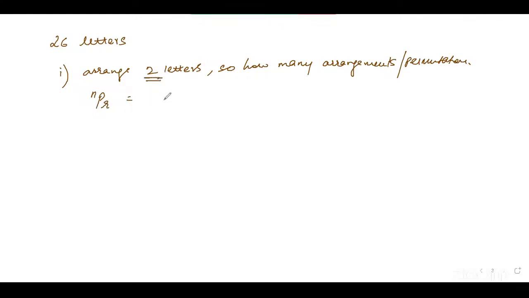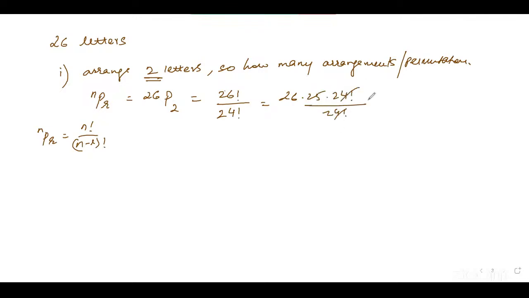You want to arrange 2, so n is 26, P, and then 2. 26P2, if you remember the formula, is n factorial upon n minus r factorial. Therefore, this will be 26 factorial upon 26 minus 2, 24 factorial. So what you end up getting is 26 into 25 into 24 factorial upon 24 factorial. So you end up getting 26 into 25 ways of arranging 2 letters out of the 26 letters.